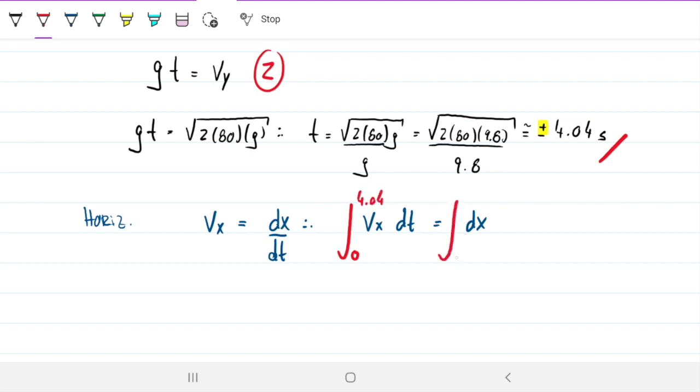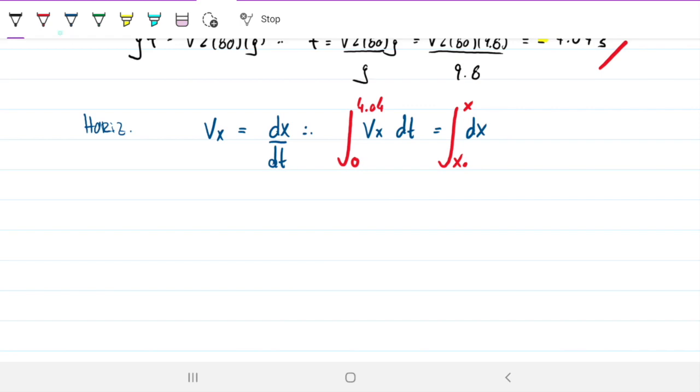And over here, I want to go from x0 to x. Okay, so that means, remember that velocity in the x direction is a constant. There's no acceleration in the horizontal direction, so it comes out of the integral. So all this, vx times 4.04, will be equal to delta x, the difference in position.